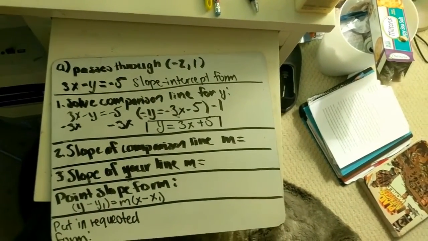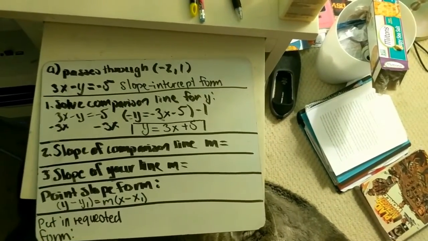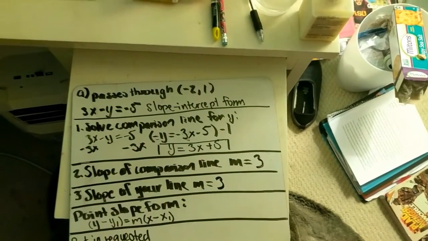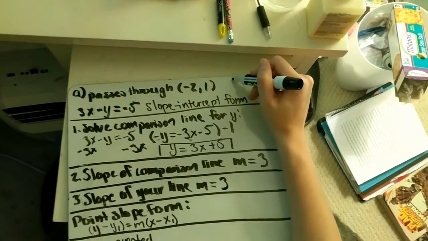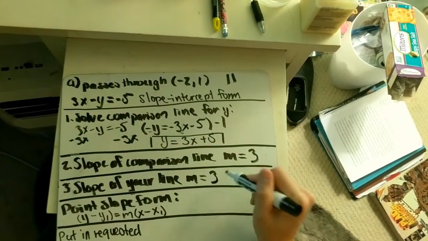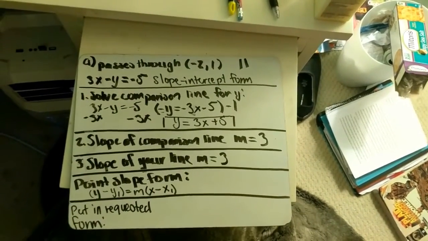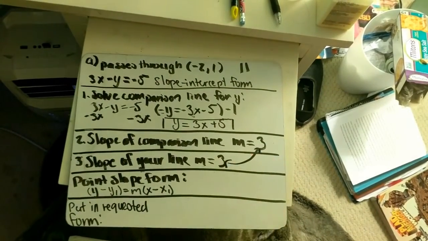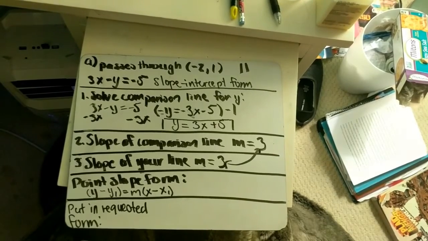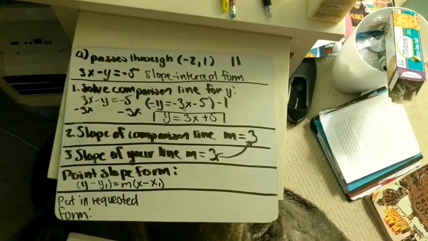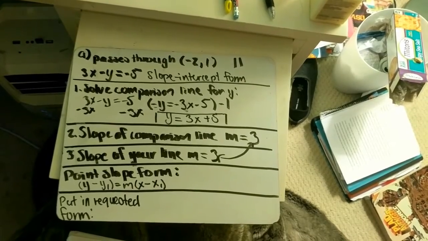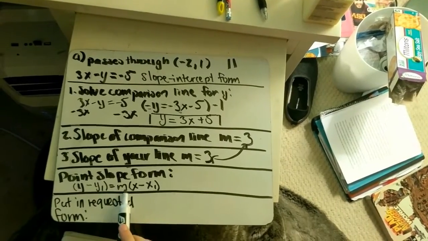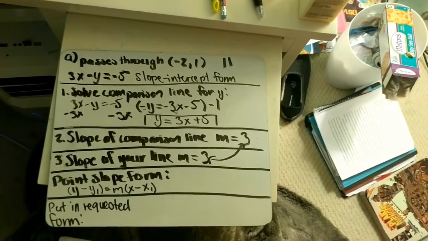So let's figure out the slope of our comparison line. It will be 3, and our slope will also be 3 because we are trying to find a line that is parallel, and to have a parallel line, you need to have the same slope. Now we must put it in point-slope form. To refer back, if you've forgotten, point-slope form is y minus y1 is equal to m times x minus x1.